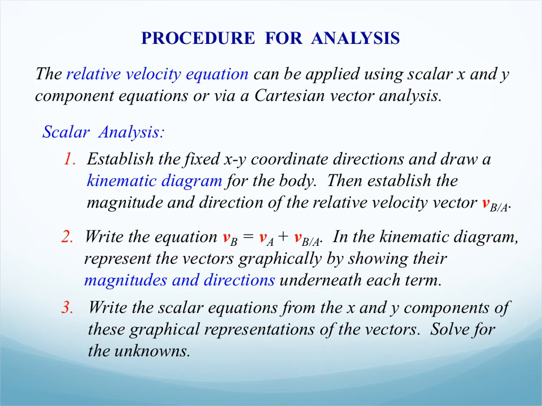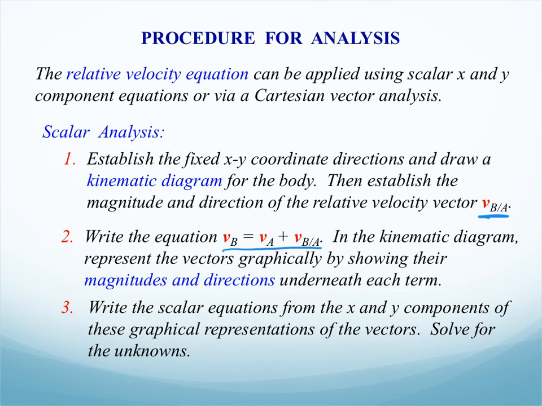So basically, the procedure that we would use for the relative velocity equation is, first we find our xy coordinate, and we draw the picture of the diagram. Then we figure out the relative velocity vector for point B relative to A, which is sort of like your anchor point. Then you use this equation to express the velocity of B relative to A, using the information that you're given, and use the components of that expression and your givens to figure out any of your unknowns.